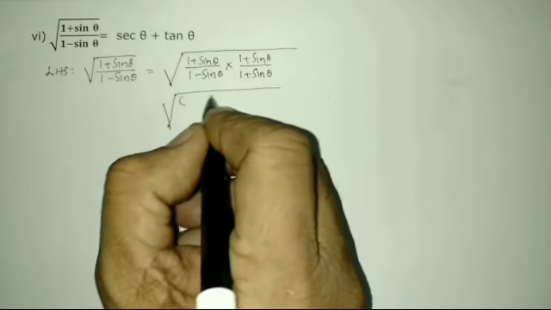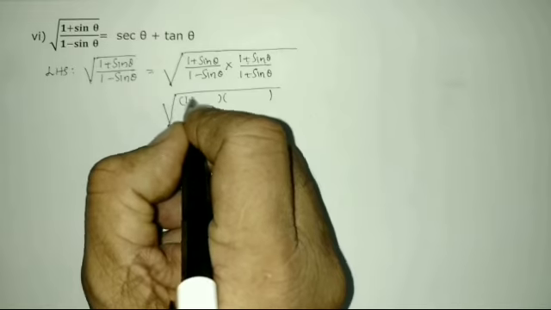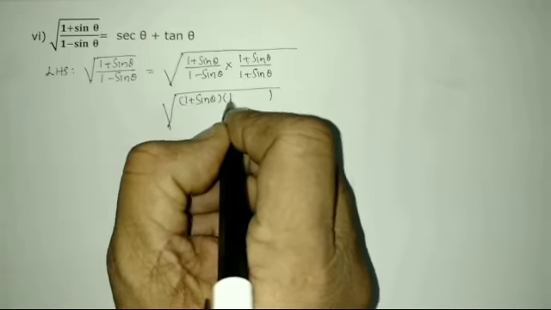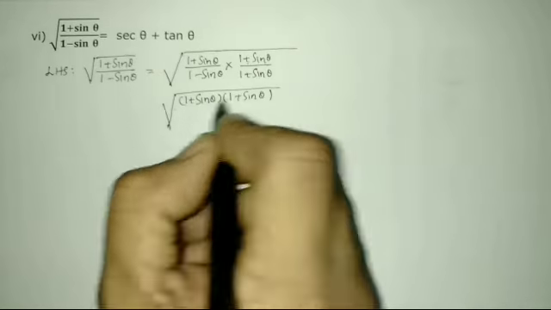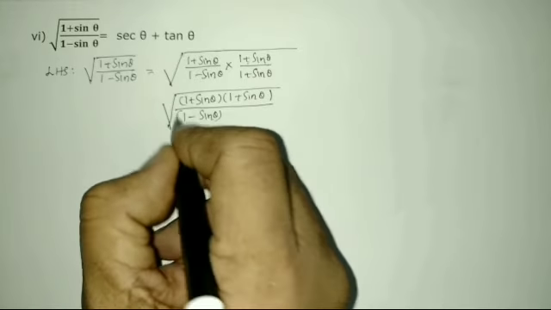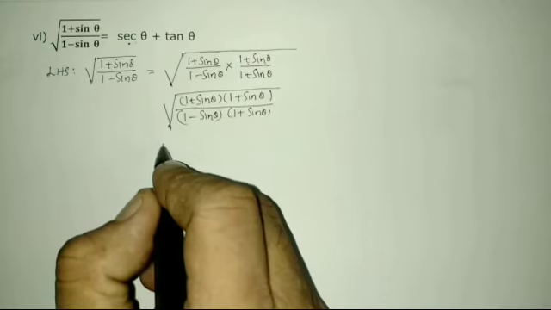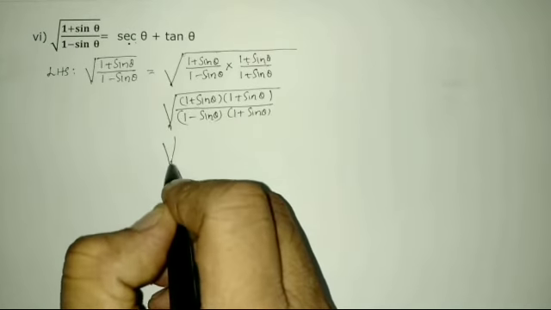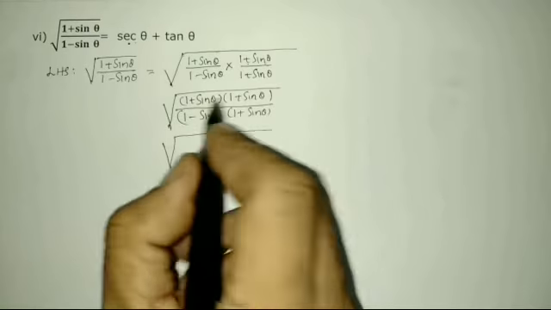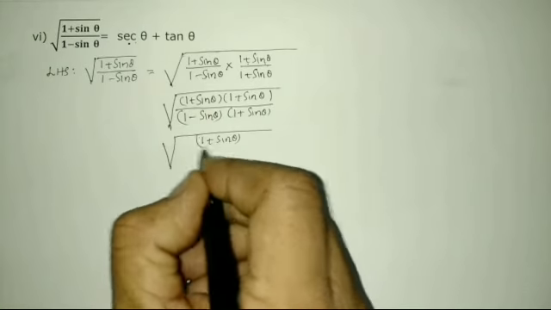So product of numerators by product of denominators. 1 plus sin theta into 1 plus sin theta by 1 minus sin theta into 1 plus sin theta. Here 1 plus sin theta into 1 plus sin theta, 1 plus sin theta whole square.